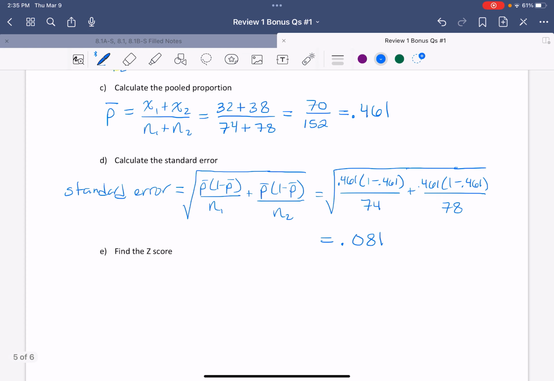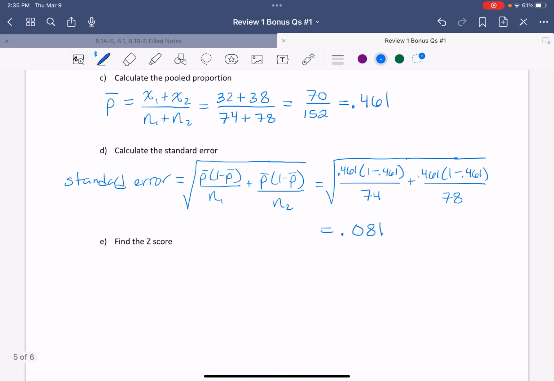All right, so let's find the z-score, which is also on our formula sheet. That is equal to p sub 1 hat minus p sub 2 hat all over the standard error.